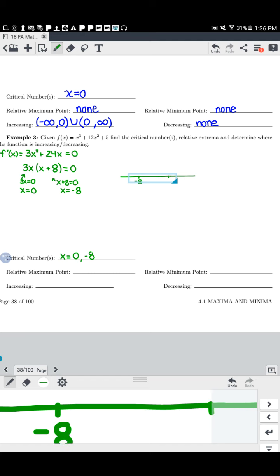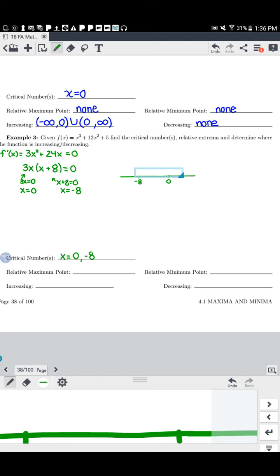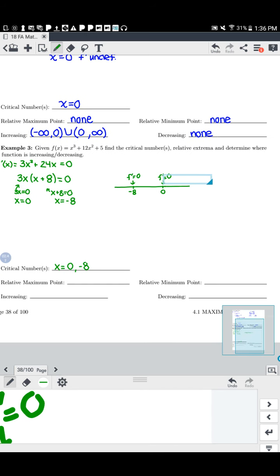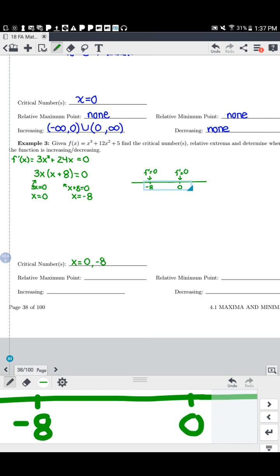And then my other one is 0. So I have my two special numbers here that make the derivative 0. And these are the two places, two x values, besides infinities that are going to be included in my intervals of increasing and decreasing. And they're the only two places I could have a relative max or min. Can't happen anywhere besides a critical number.